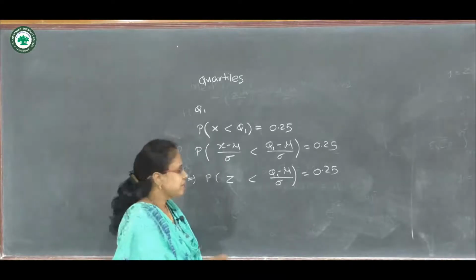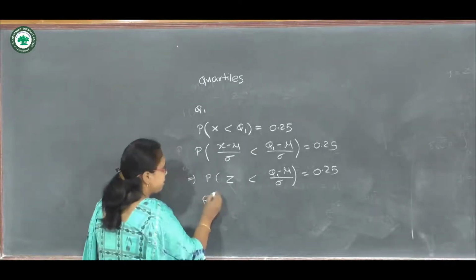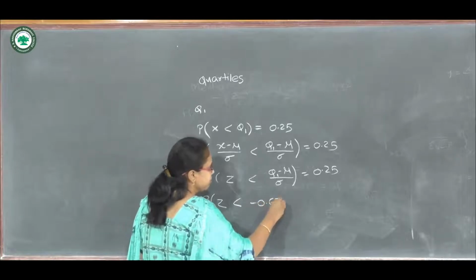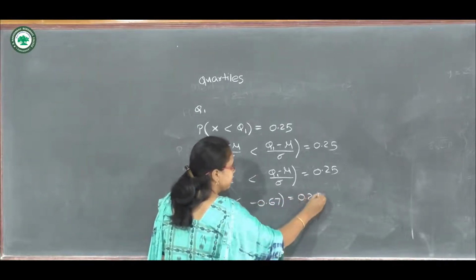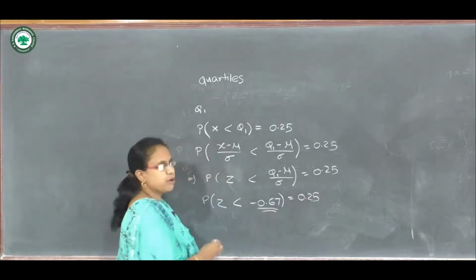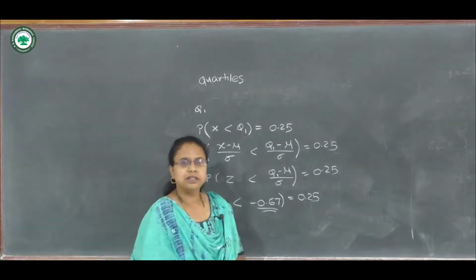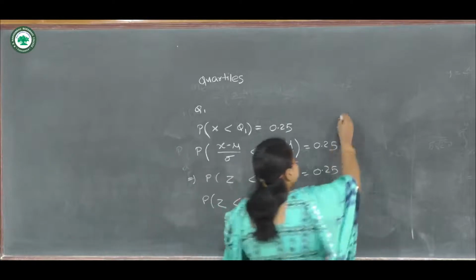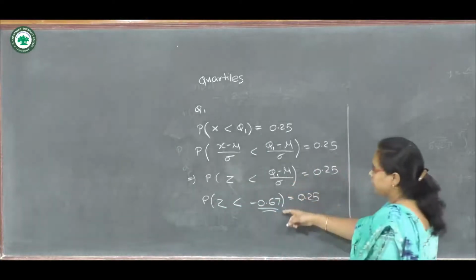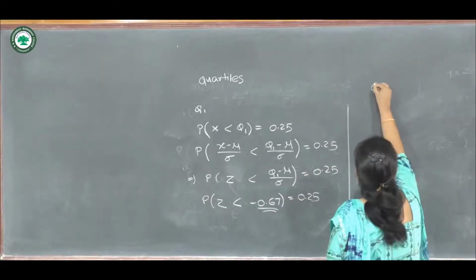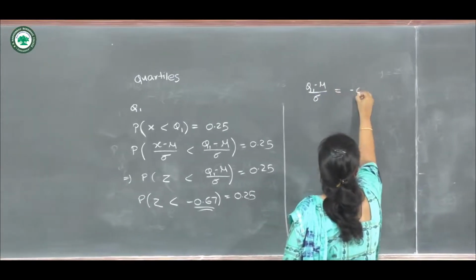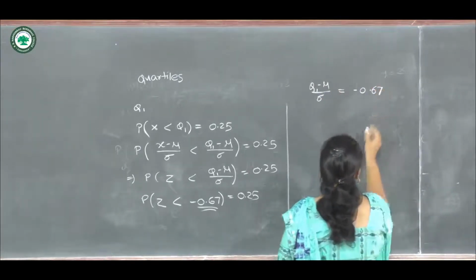And by observing the standard normal probability table, we will have this. This value is obtained from the standard normal distribution table. Then by comparing these two equations, I can write Q1 minus mu upon sigma will be equal to minus 0.67.